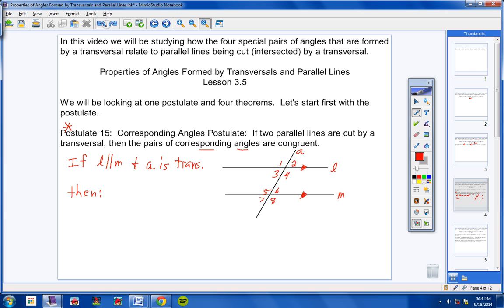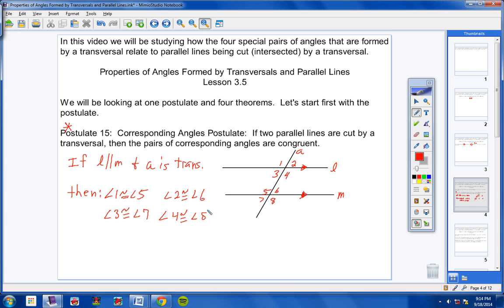Okay, so write that down, please, right here. We're going to put angle 1 is congruent to angle 5. Angle 2 is congruent to angle 6. Angle 3 is congruent to angle 7. And angle 4 is congruent to angle 8.